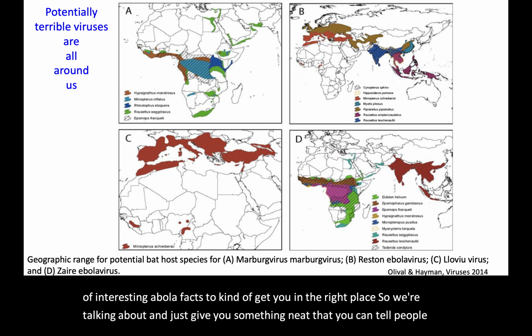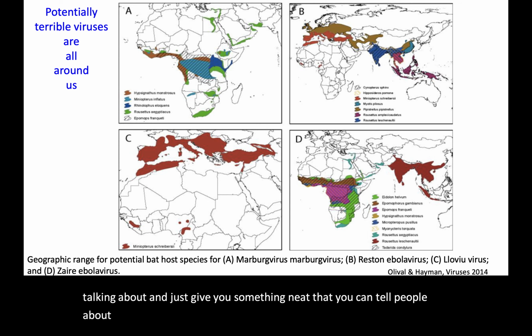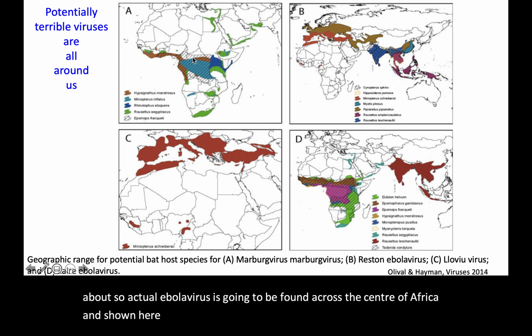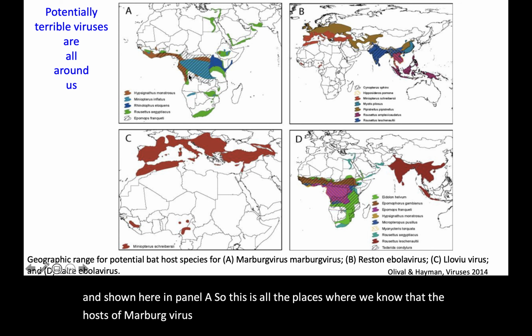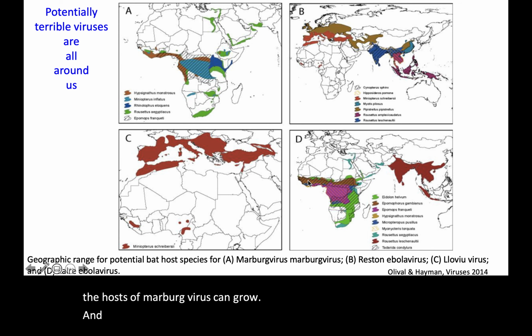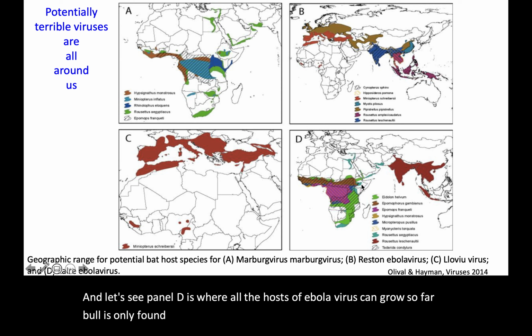So actual Ebola virus is going to be found across the center of Africa, shown here in panel A. This is all the places where we know that the hosts of Marburg virus can grow. And panel D is where all the hosts of Ebola virus can grow. So far, Ebola is only found in just about this brown band running across here.